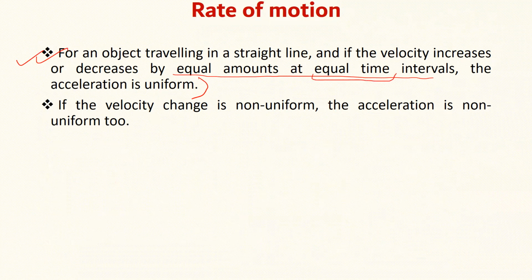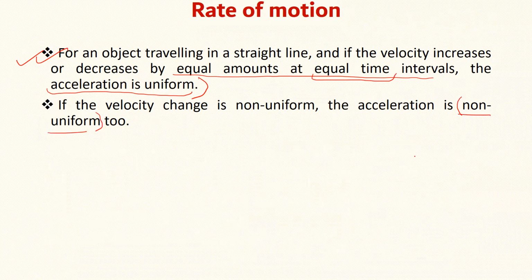If an object travels equal distances at equal intervals of time, the velocity of the object is uniform. Similarly, acceleration can also be uniform if the velocity change is uniform at equal intervals of time. If the velocity change is non-uniform, the acceleration would be non-uniform.